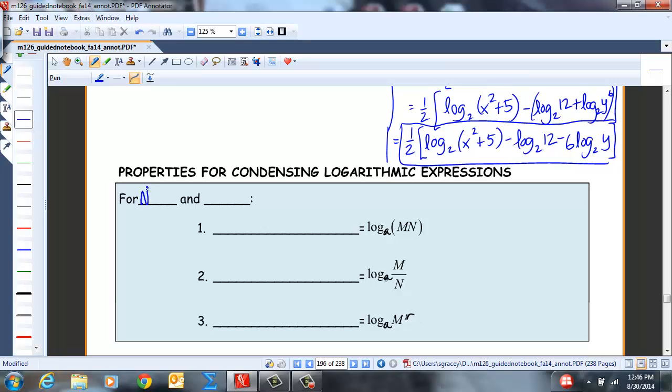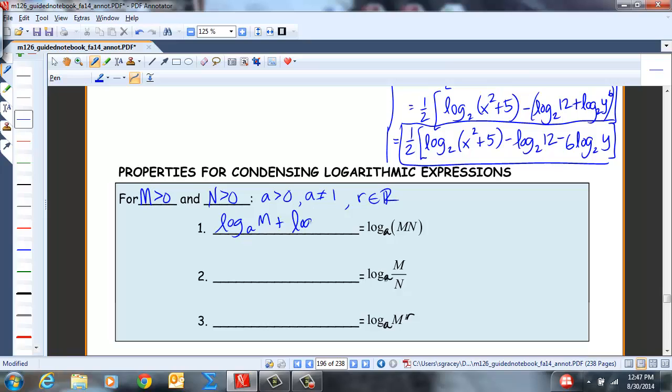So if we have m greater than 0 and n greater than 0, a greater than 0, a not equal to 1, and r is a real number. So if you have a sum of logs, you can condense it. And this is useful for solving logarithmic equations.